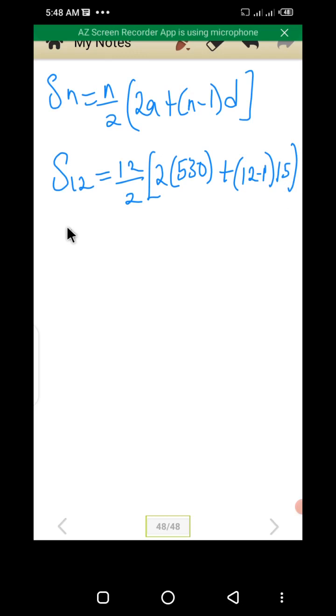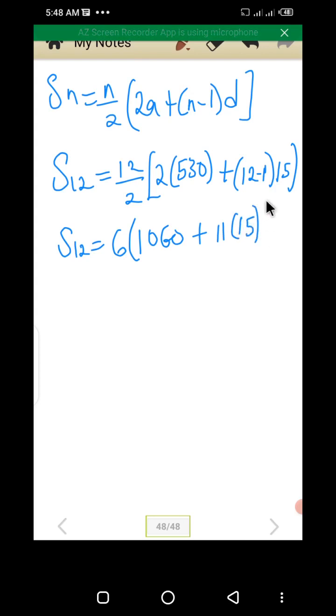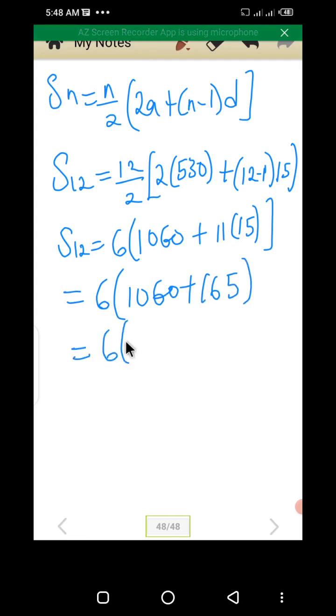You close the bracket. So the sum in a year will now be 6 times (2 times 530, which gives 1060, plus 11 times 15, which is 165). That is 6 times 1225.